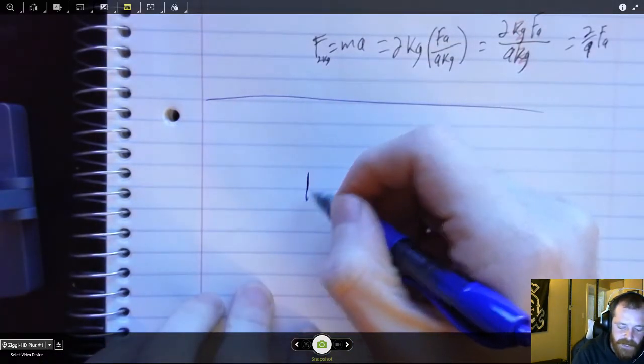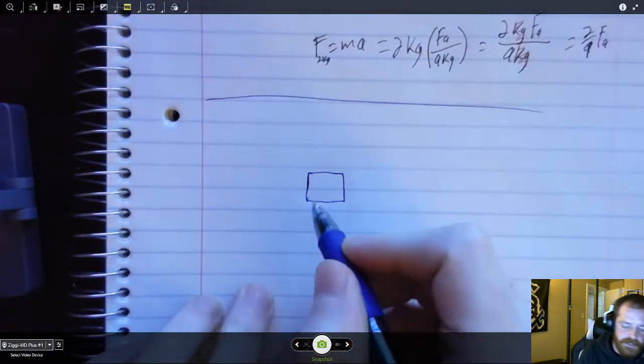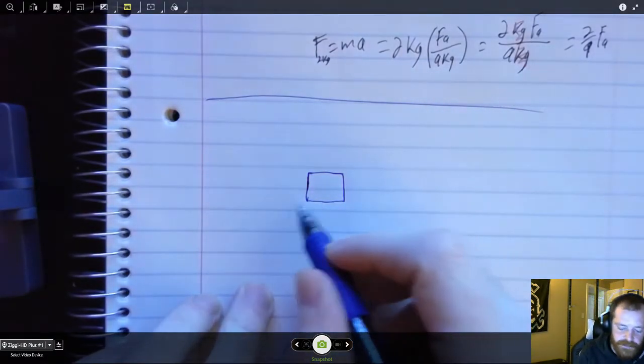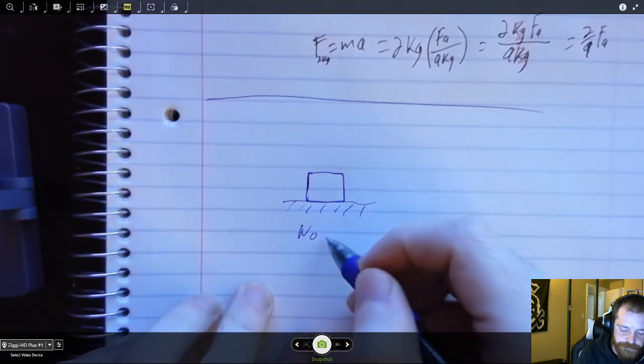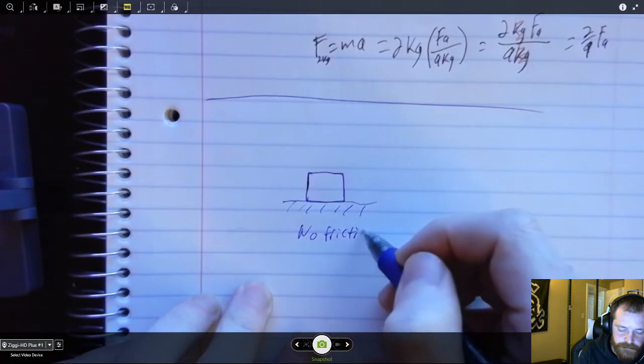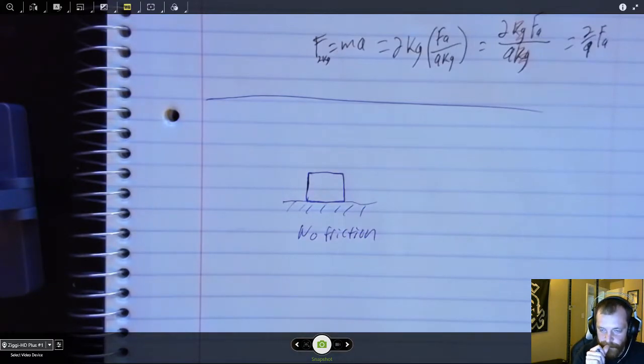All right, let's say we have an object here, and it's on a surface, so no friction. It's on an icy surface. Let's say it's a block of ice and there are 2 penguins fighting over this box.